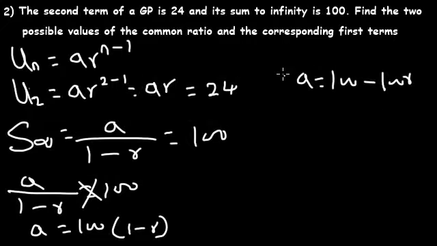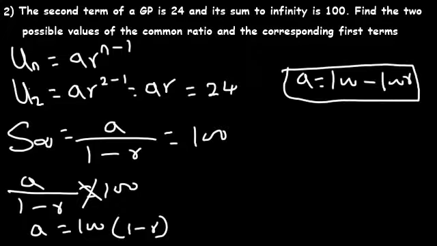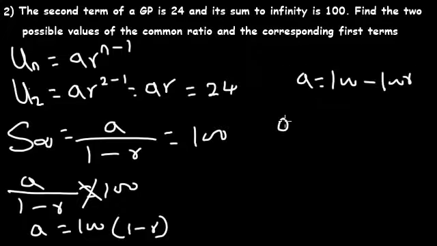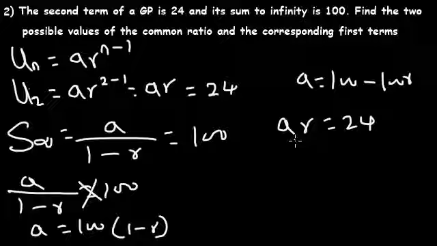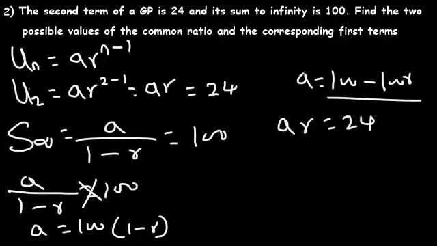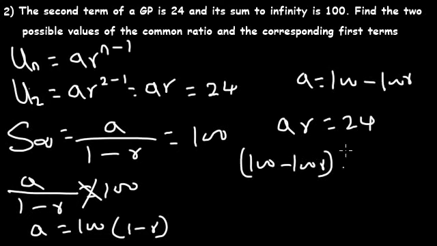So in equation 1, let's put a equals 100 minus 100r. Since equation 1 says that ar is equal to 24, if we substitute, we have 100 minus 100r multiplied by r equals 24.